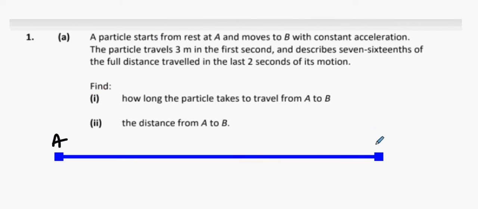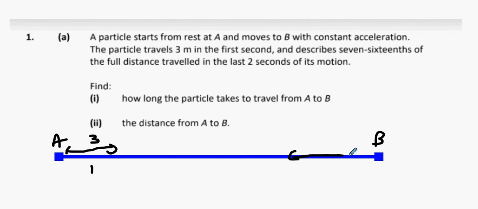Now it travels 3 meters in the first second, so we go 3 meters here, and that's 1 second, and describes 7/16 of the full distance travelled in the last 2 seconds of its motion.